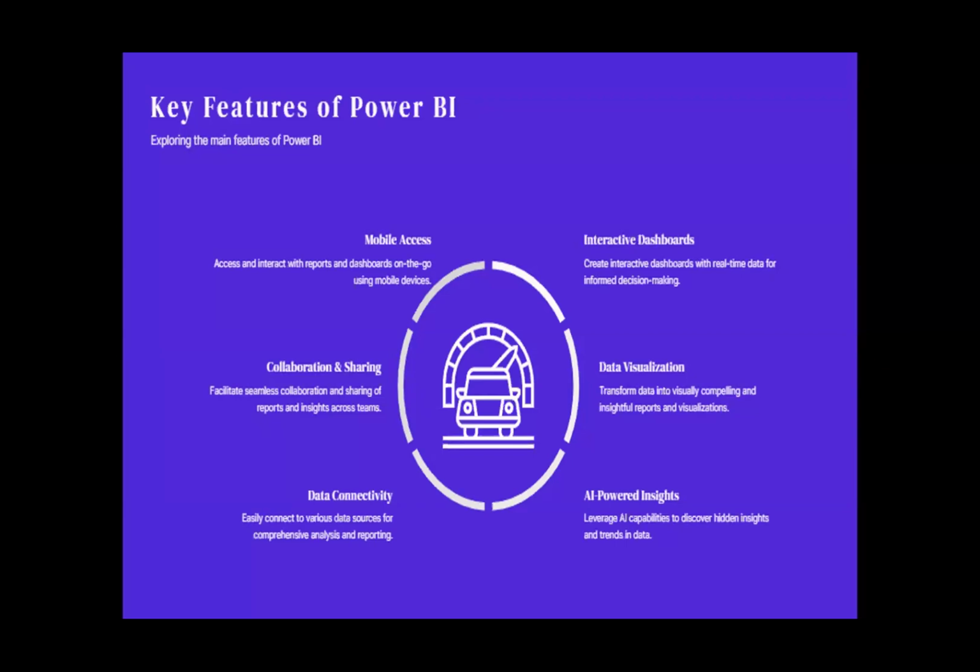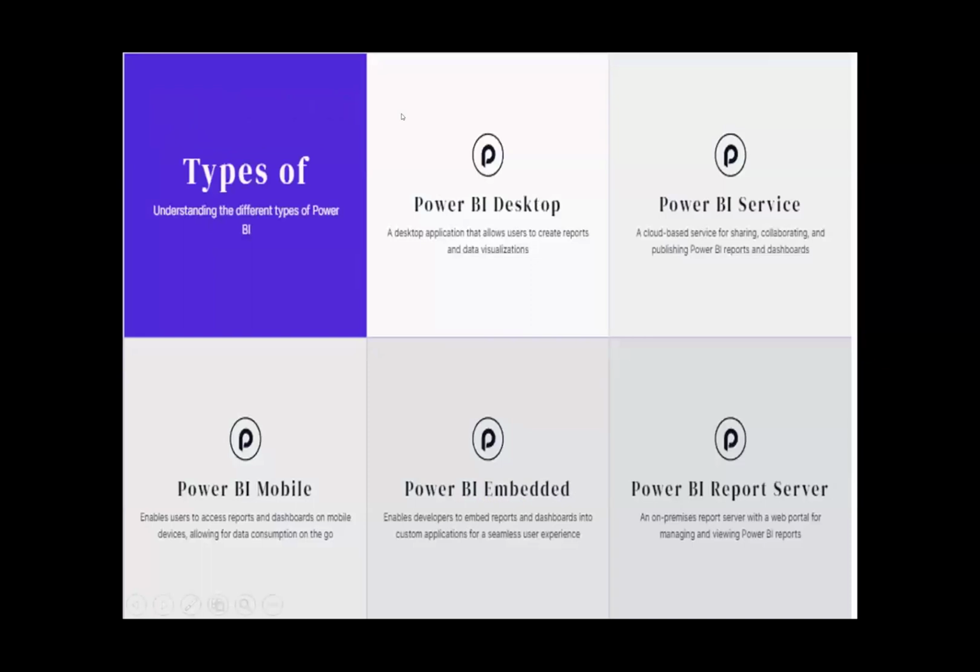The next slide is, yeah, so these are the different types of Power BI products which Microsoft provides us. First is Power BI Desktop, where we create the reports and dashboards for data visualization.